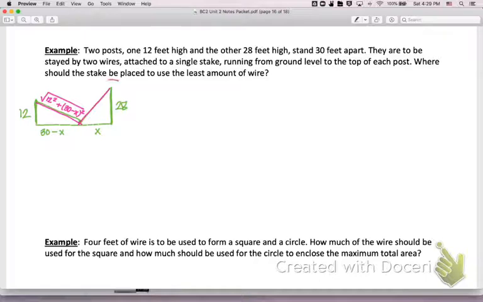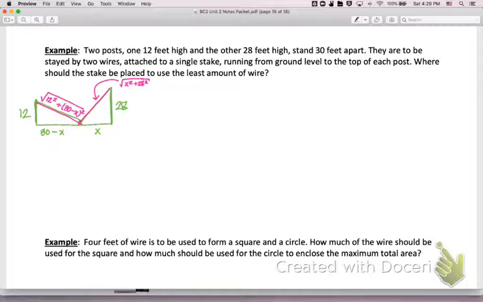And for this side, we're going to get the square root of x squared plus 28 squared. Those are already all in terms of the same variable, so we don't need to write a secondary equation because its purpose has already been taken care of.